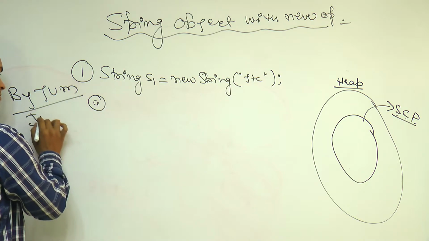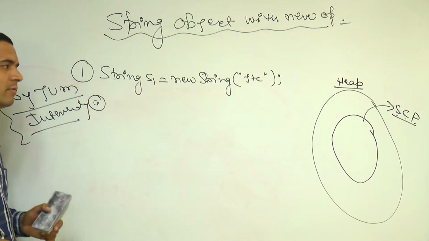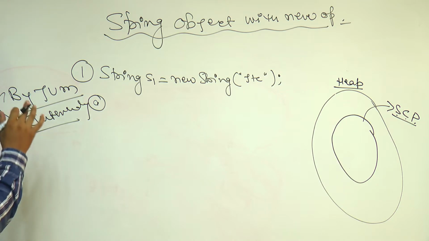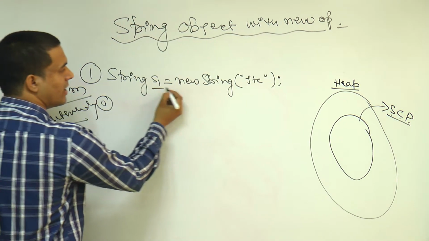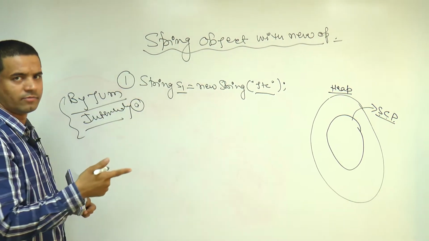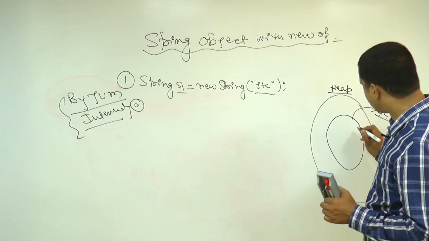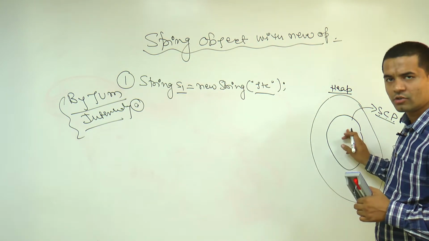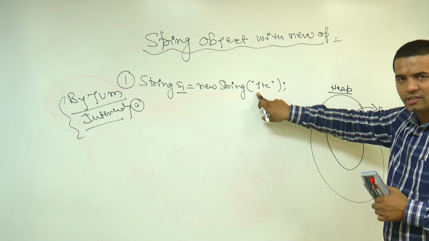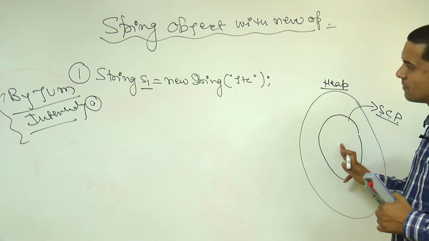Number one, it will check first whether the corresponding string literal of the object you have created is available inside the string constant pool or not. This string literal JTC which you have created, is it there inside the string constant pool or not?